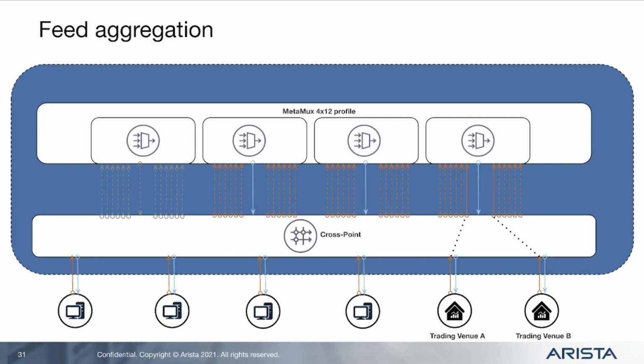Let's walk through this using this diagram. The first step is to connect both trading venues' feeds into a single MUX. The second step connects the output of the MUX to the transmit lanes of the front panel ports connecting to the application servers. In the next step, we can choose to which MUXes we connect each application server.